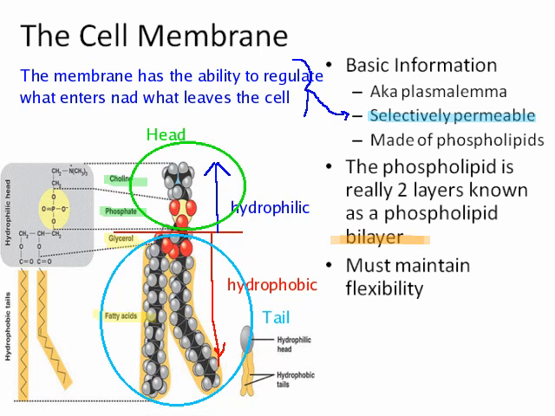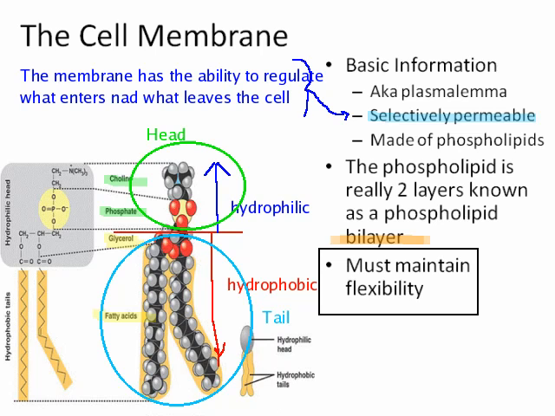One of the other key aspects of this structure, besides the fact that it is selectively permeable and can regulate what goes in and out, besides the fact that the external regions are hydrophilic and the internal regions, where the tails are butted up against each other, are hydrophobic, is that this is a structure that remains completely flexible.